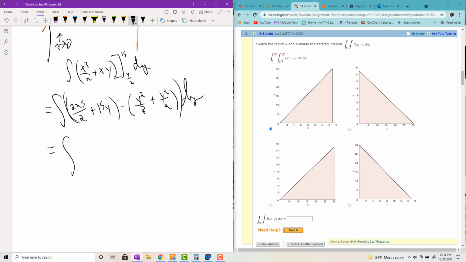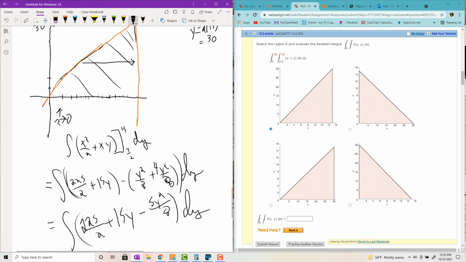So let's combine some like terms. Not much really to do. 225 over 2 plus 15y. And then you can find a common denominator here, so this would be apparently 5y squared, so minus 5y squared over 8 dy.